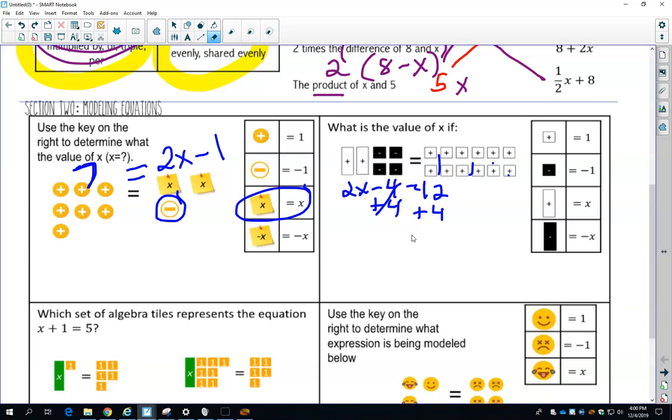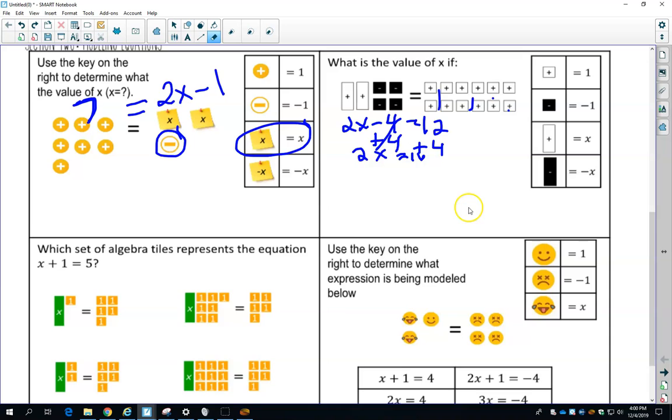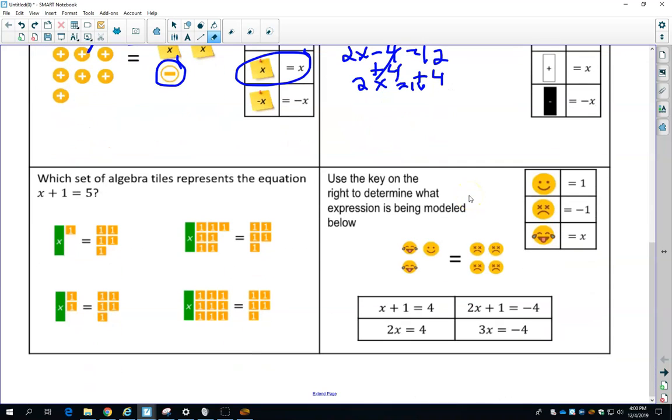So then we're going to get 2x is equal to 16. And if we divide both sides by 2, x is equal to 8.